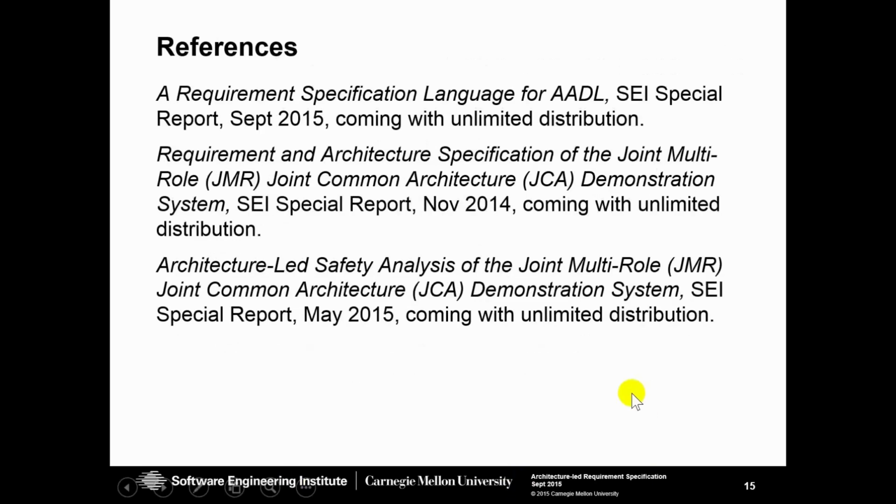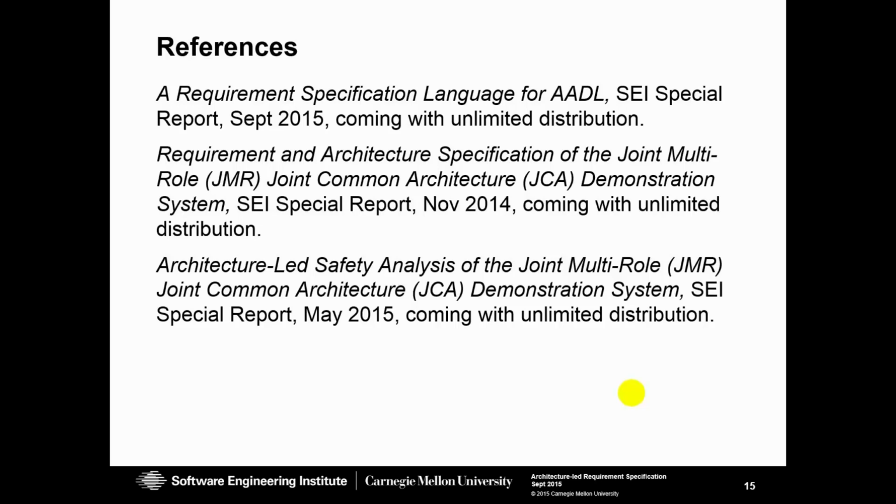Finally, three pointers to some documentation that give you some background on this work. The first one is the specification of the requirements language. It's a report that is currently in review and will be available in short order with unlimited distribution. And in a similar form, we have two reports based on the work we have done for the Shadow project of JMR.